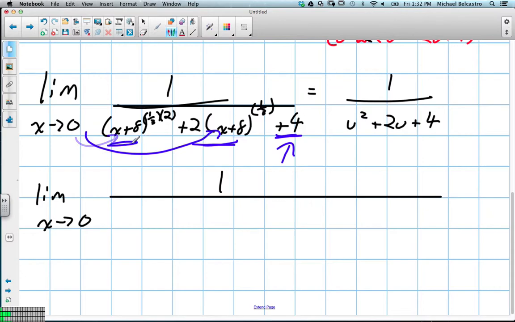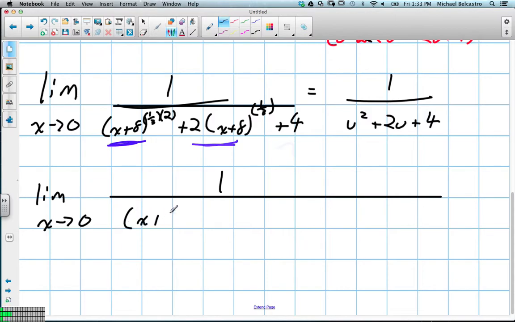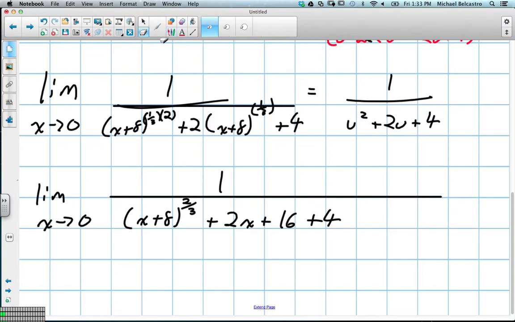Hopefully these two don't equate to 4 in the process, and we'll check to make sure. So we'll simplify some of this. This then becomes x plus 8 to the 2 over 3, which means we find the third root of it and then square that value, plus 2x plus 16 plus 4.